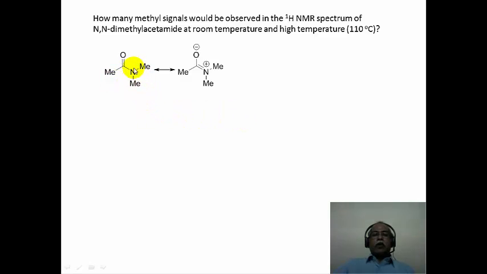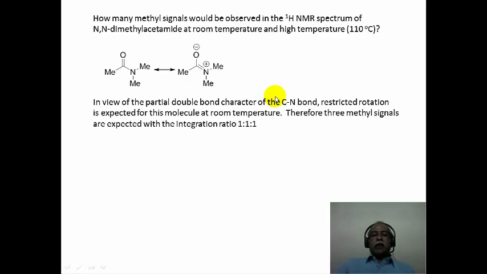Remember, the nitrogen lone pair participates in delocalization onto the oxygen, and that gives a resonance structure, this resonance structure. So the molecule has a partial double bond character between carbon and nitrogen, and because of this partial double bond character, restricted rotation can be expected in this molecule at room temperature. In other words, the carbon-nitrogen bond will not freely rotate.